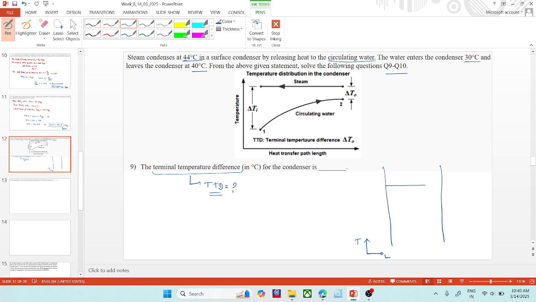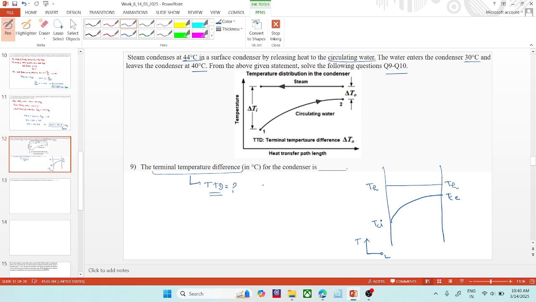The steam is condensing at 44 degrees centigrade. This is my TH, and water is entering from here, where this will have some curve. The water is entering here, TCI, and this will be the TCE, the exit.